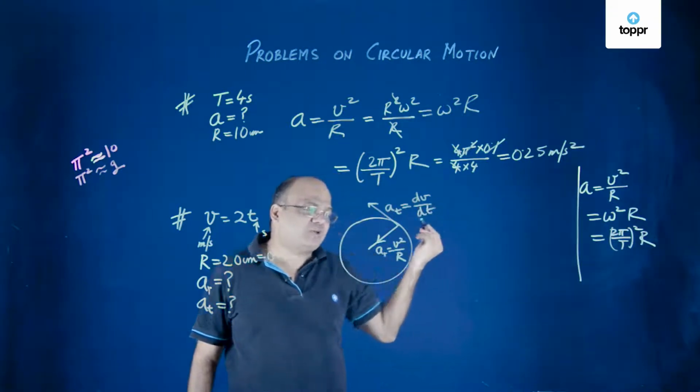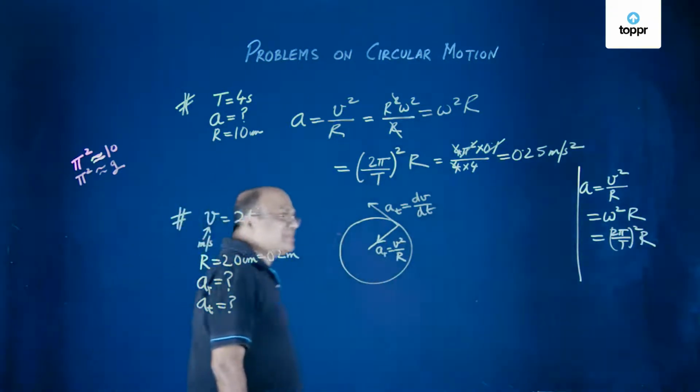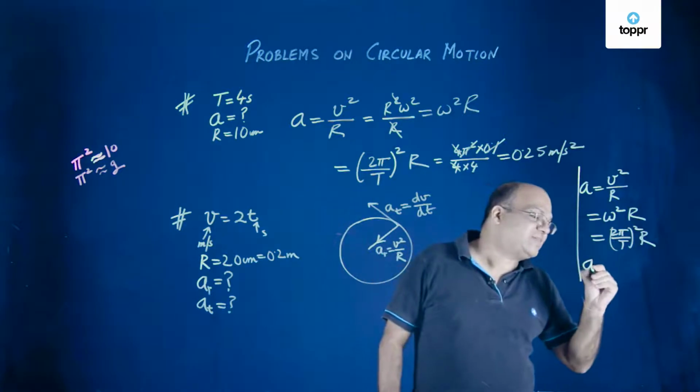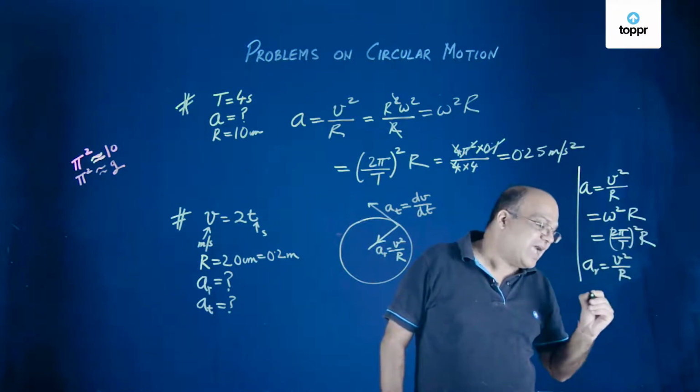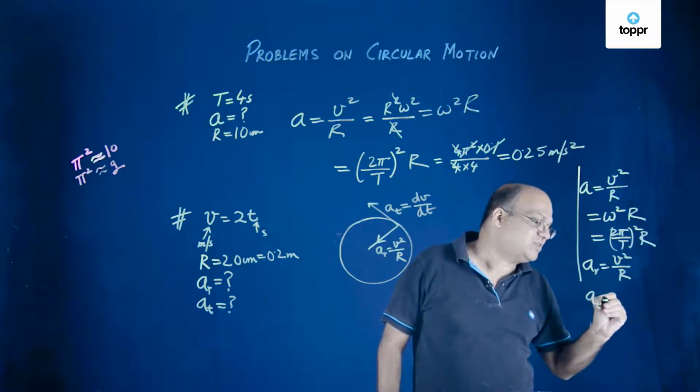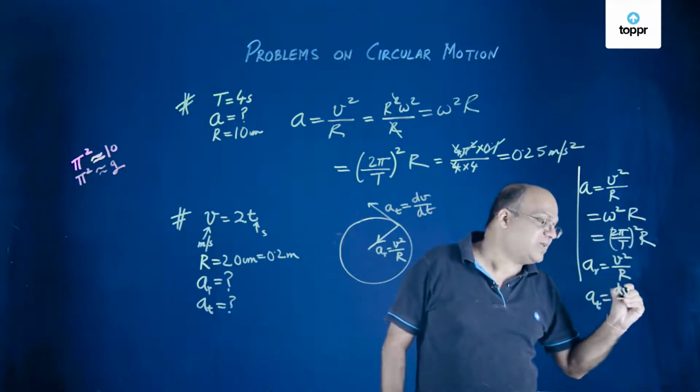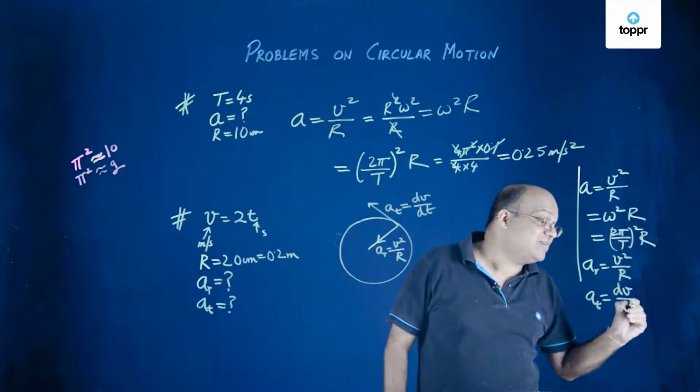So these are two equations we need. One equation is centripetal acceleration is given by v square by r, and the tangential acceleration is rate of change of speed, and that is dv/dt.